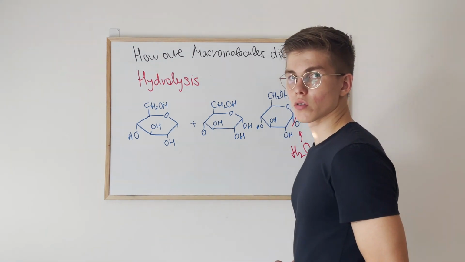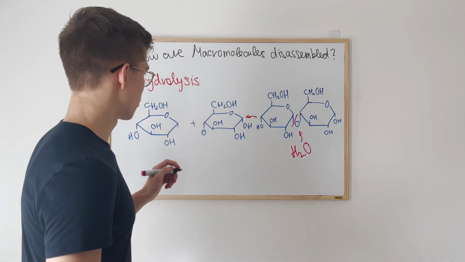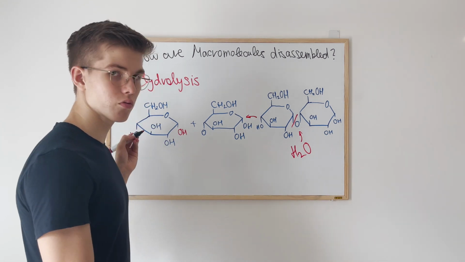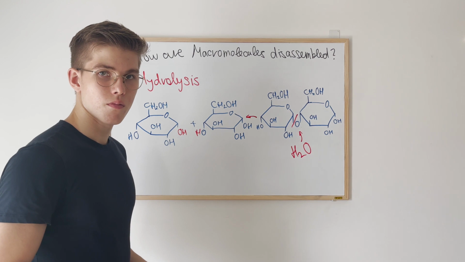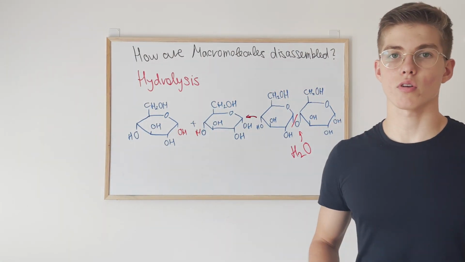This water molecule then gets attached to two monomers in the form of hydroxyl group and hydrogen. So as you can see, it is just an opposite reaction to the dehydration reaction.